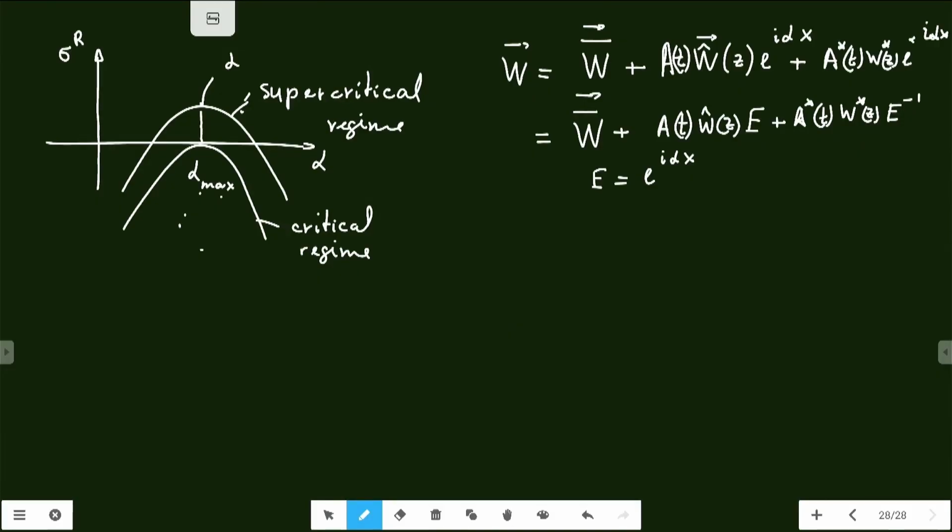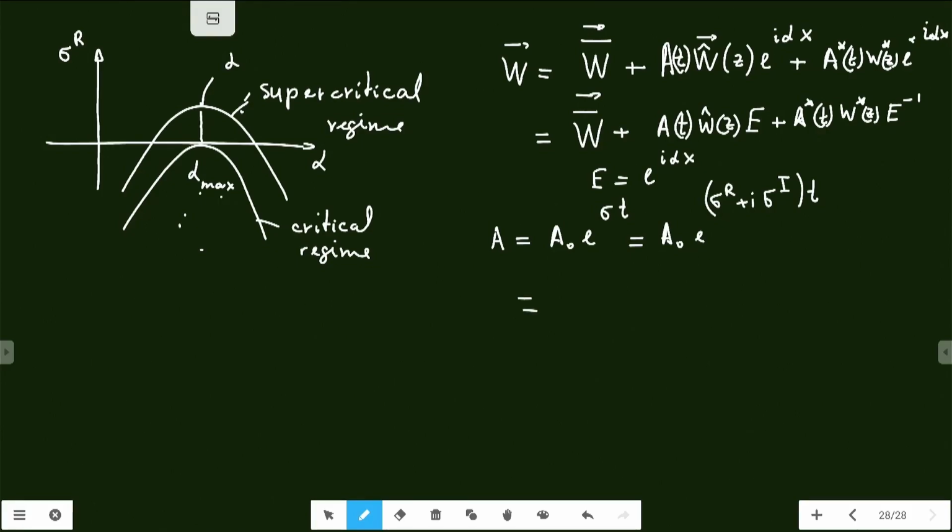Remember, what I need to do is this. So I know that A is equal to, say, A0 e to the power sigma t. Okay, that's my assumption. Which is A0 e to the power sigma r plus i sigma i, t. Agree?